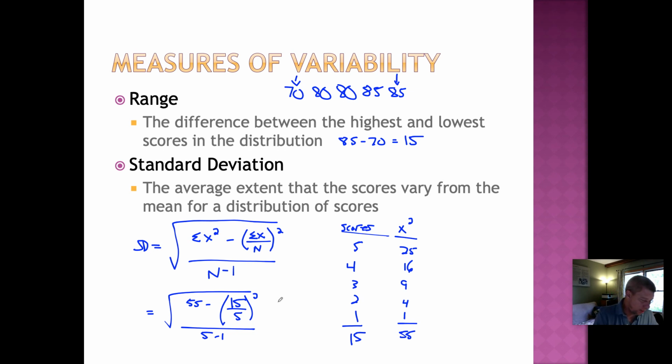If I take the square root of that, and again I'm cheating, I'm using my magic number box, the square root of 12.25 is 3.5. So the standard deviation is 3.5. Ta-da! That's how you would calculate that.